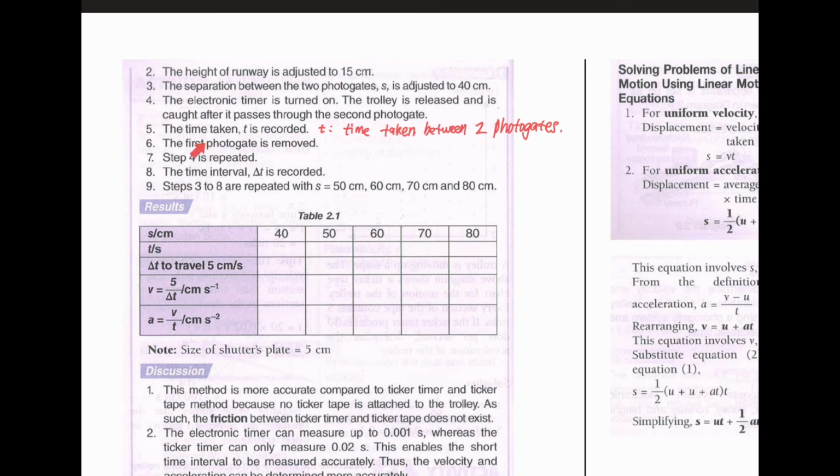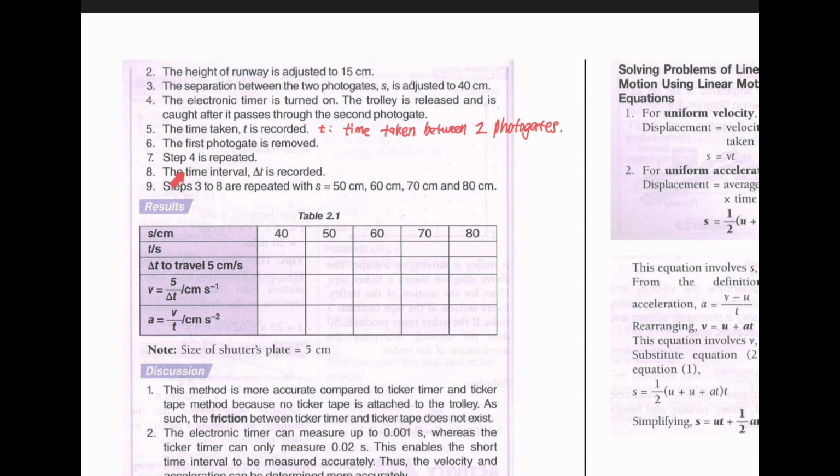Okay, so now you don't have the first photo gate. So you release the trolley will go down the runway and they will reach the second photo gate. And what happened is the electronic timer will record down the time interval delta t.